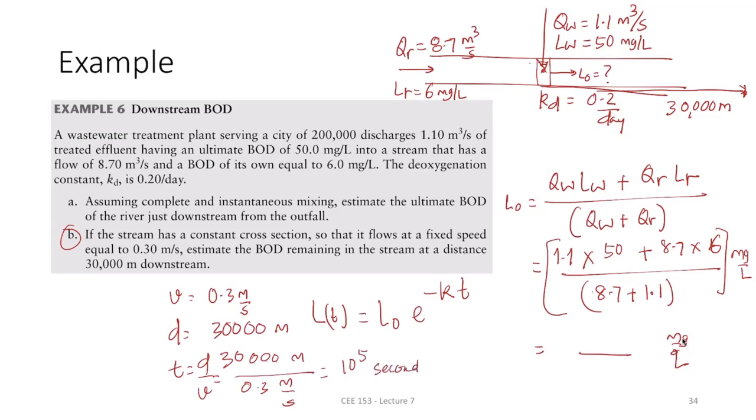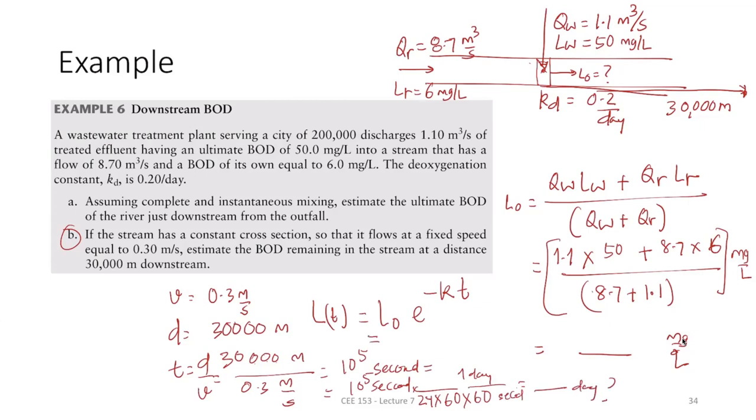And you can calculate in terms of day because your time here is in days. So you know that one day is 24 hours, 1 hour is 60 minutes, and 1 minute is 60 seconds. If you do this, you get a number in days. So that's your time.